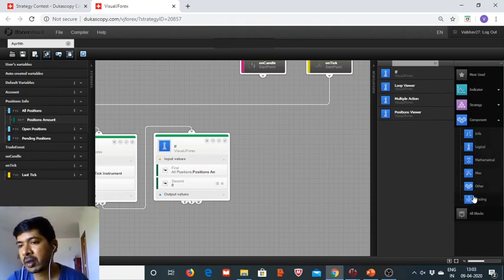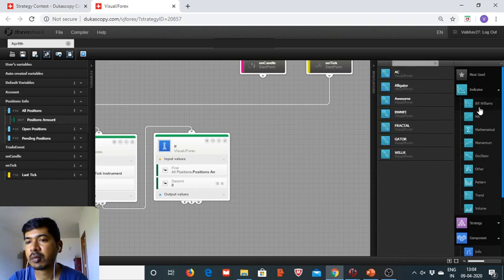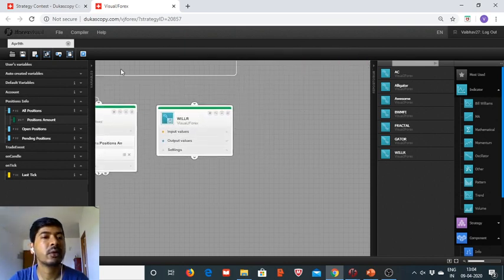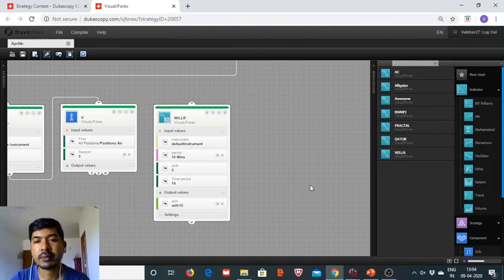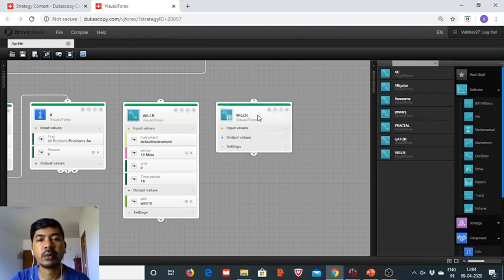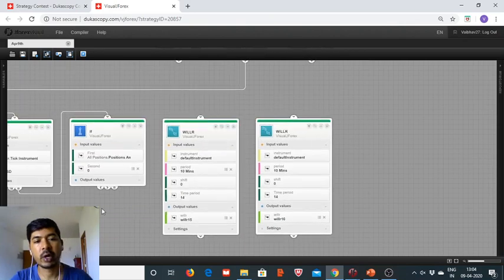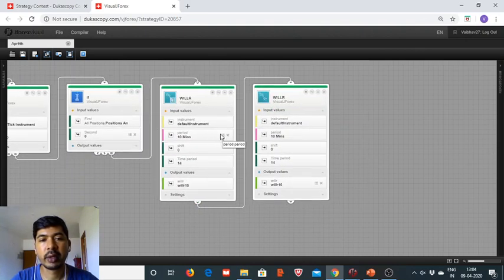So here we will take the indicators, Williams R, position amount should be equal to 0, and the candle period should be 4 hours.